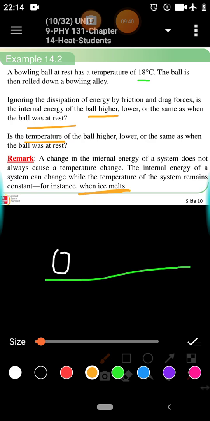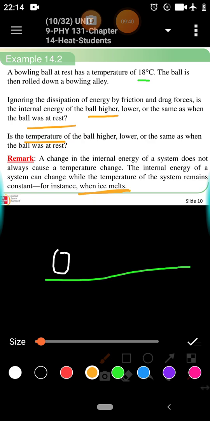It means that there's a change in the internal energy, because the internal energy of solid ice is different from the internal energy of liquid water.